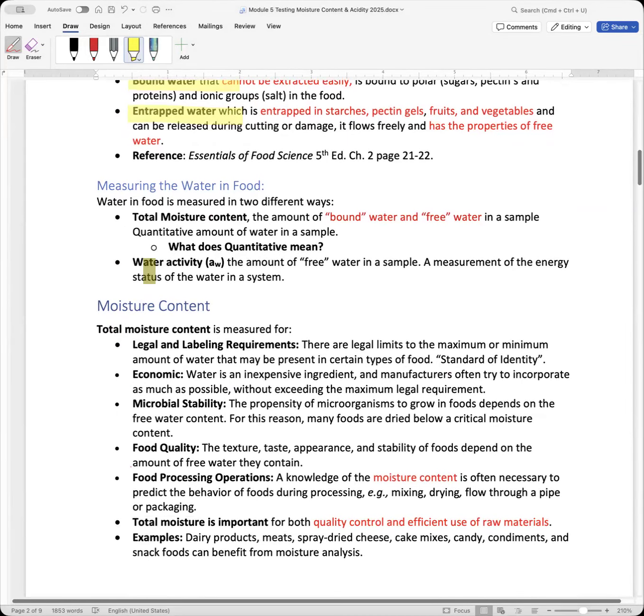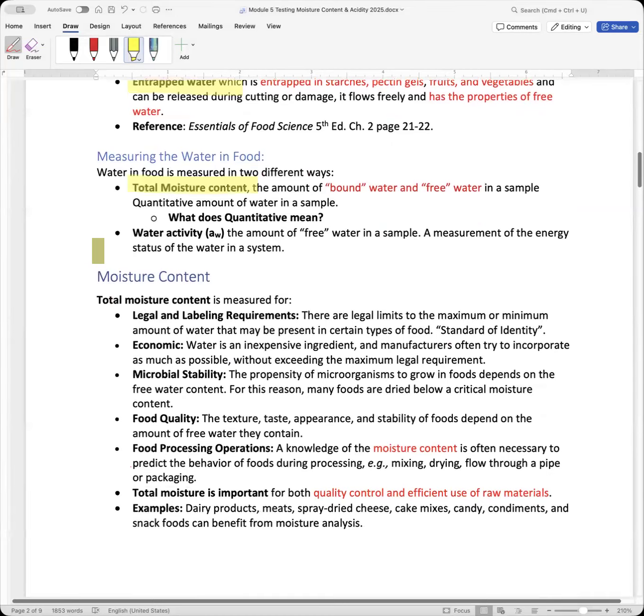So the easiest way to measure water is total moisture content. And that is quite easy, right? It will give you the bound water and the free water. So this word here, quantitative, do you know what quantitative means? Anybody want to volunteer?